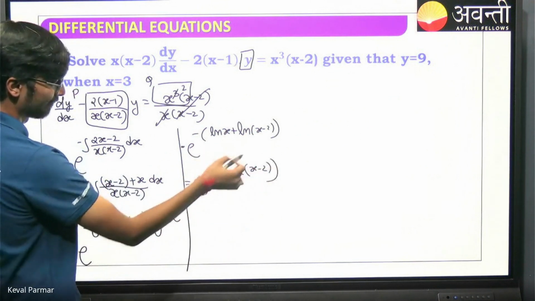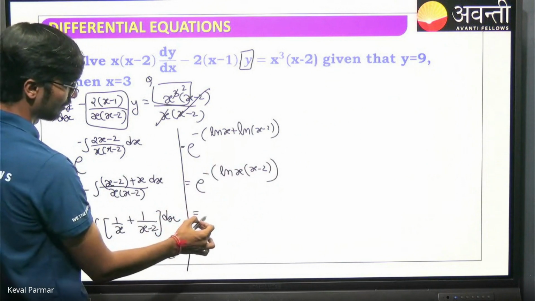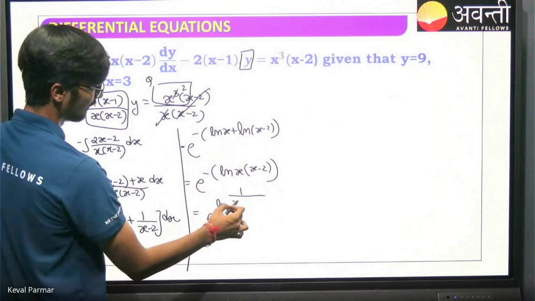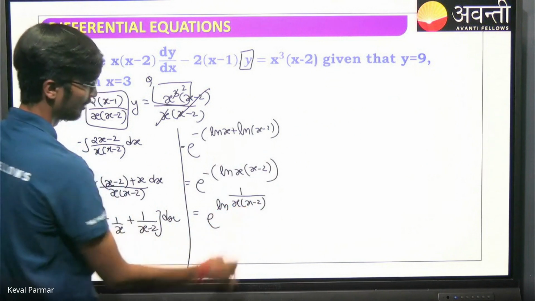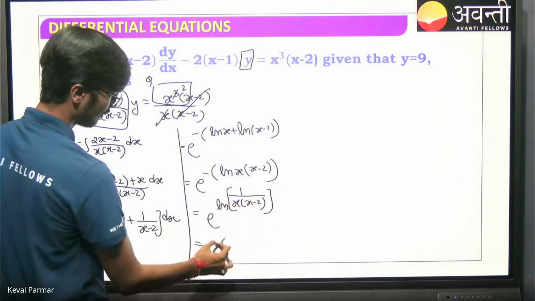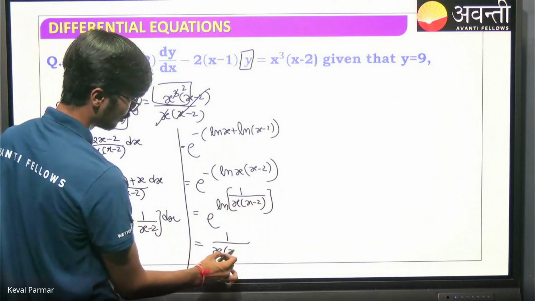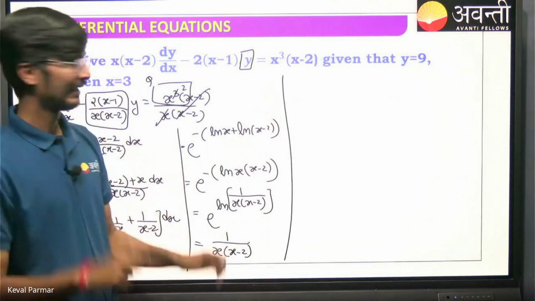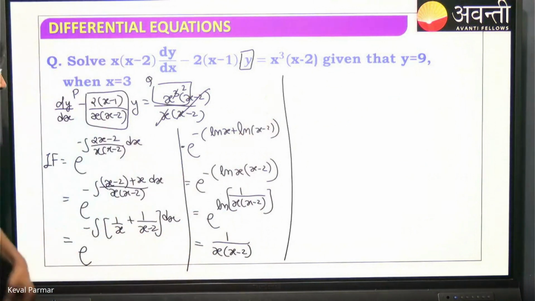So we can take the minus up. So I'll get e raised to ln of 1 upon, it will become reciprocal, x into x minus 2, and by property of log, this will be equal to 1 upon x into x minus 2. So finally, we got the integrating factor.